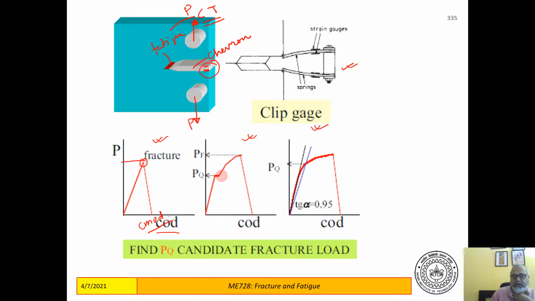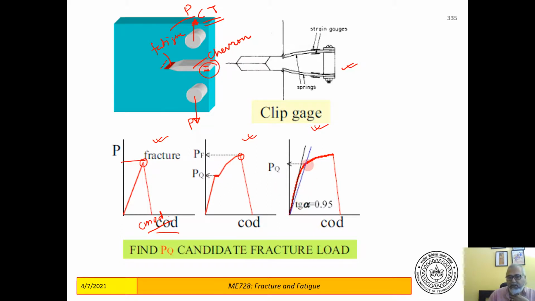Then it either arrests, or the crack doesn't propagate uniformly across the thickness. So you have to reach this load PF before you have catastrophic crack propagation.